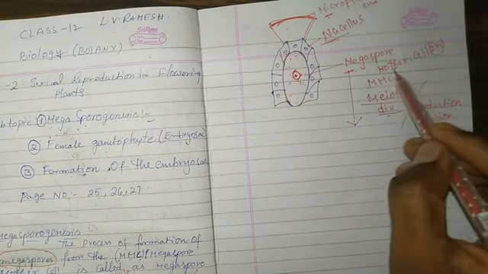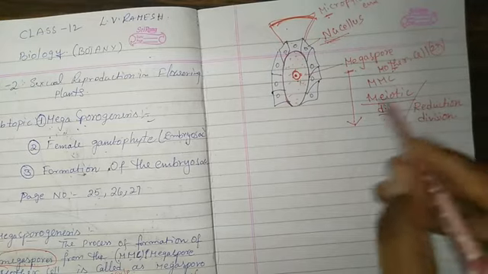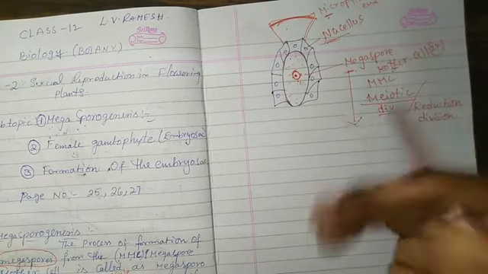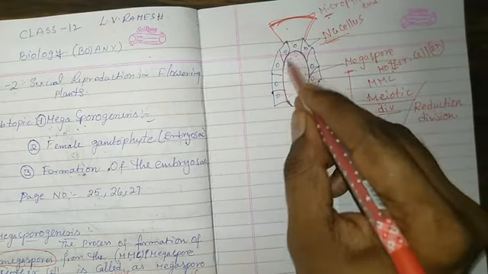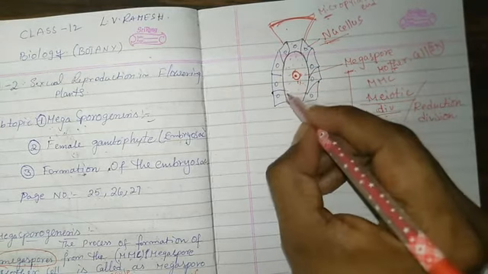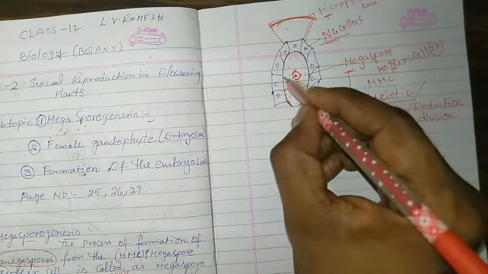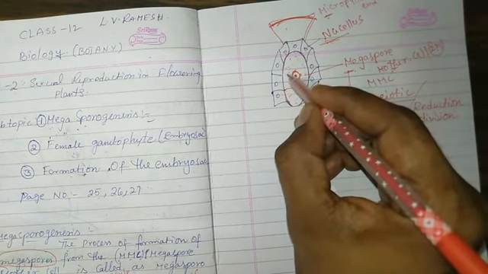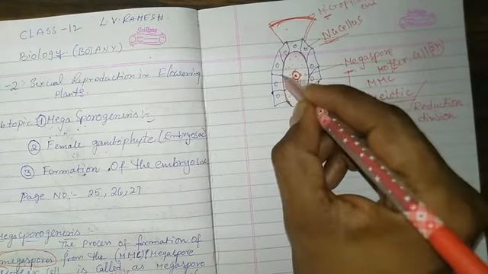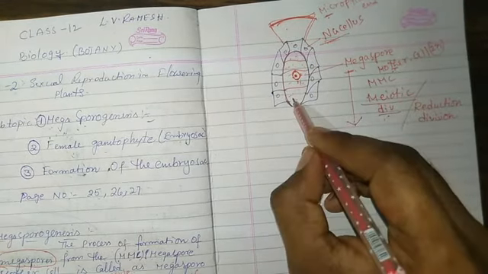So the megaspore mother cell undergoes meiotic division or reduction division. This is actually a single cell. When it undergoes meiotic division, it divides twice. Twice means how many cells does it form? 1, 2, 3, 4. That means at first it shows 2 divisions.